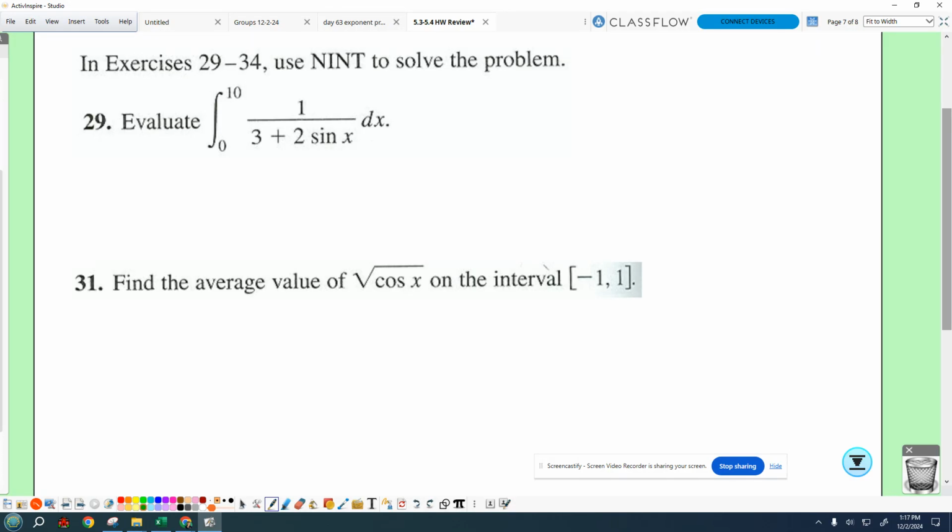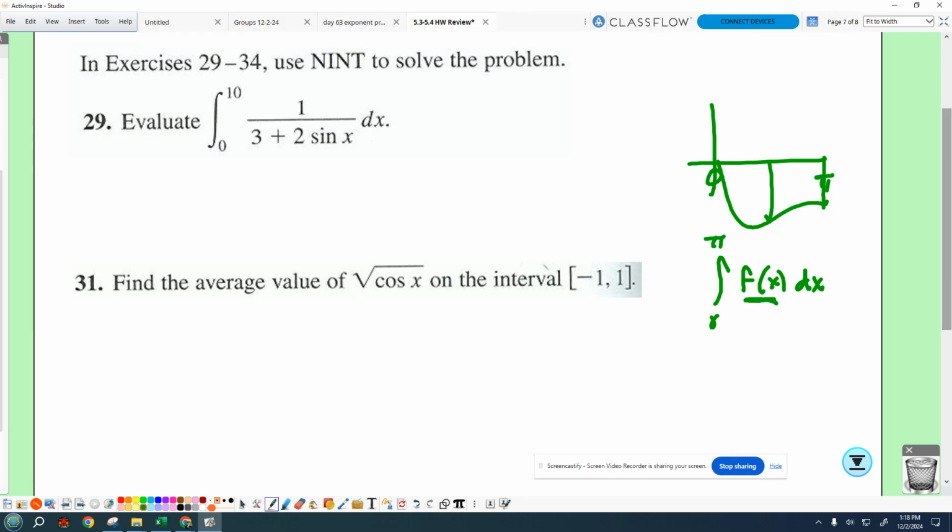Wait, Ms. Pascal, this might be silly, but when you're reading an integral, if it's from 0 to pi, that means if you're looking at a graph, it would be from 0 to pi, so it would be positive, right? Dx. Okay, so pi to 0 would be negative, so dx would be negative. But if I integrate that, like 3.8, it would still be negative, because the f of x was negative, but the dx was positive.